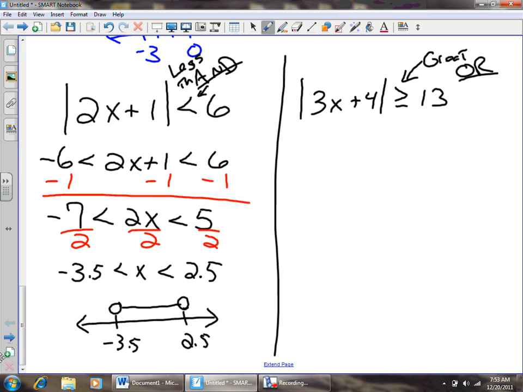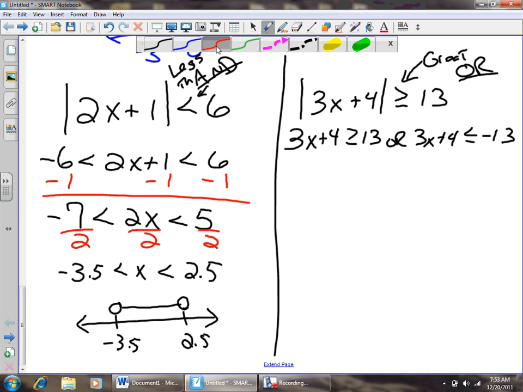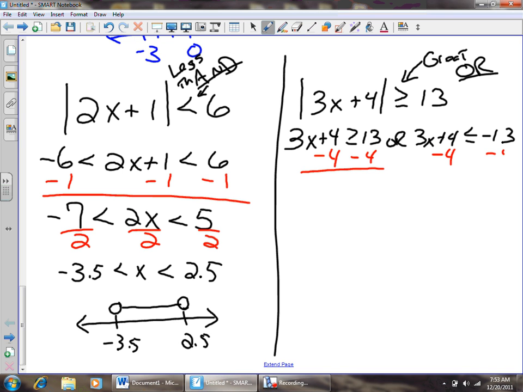I need to write it in two pieces: 3x plus 4 is greater than or equal to 13, or 3x plus 4 is less than or equal to negative 13. And now I'm just going to solve both parts, just like I did on the problem above it. I'm going to show all the work here at once.